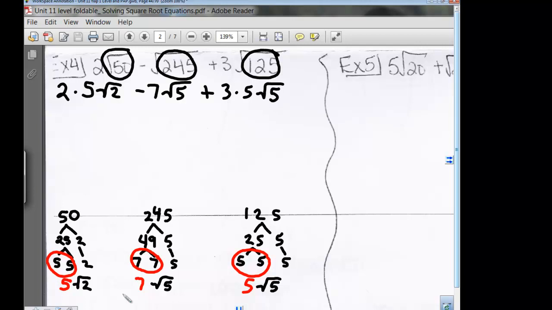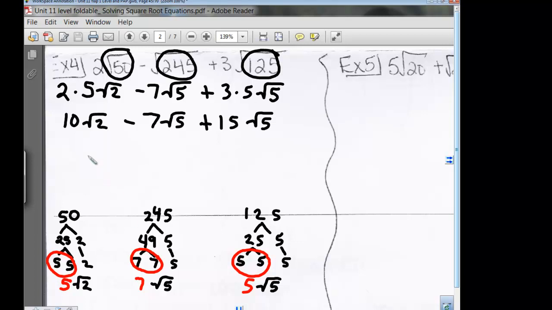So we put these new simplified versions in to replace what we had before. Remember, the numbers in front will stay out front. So I had a 2 here. It still stays in front of the radical. Here's my 3. It still stays in front of the radical.